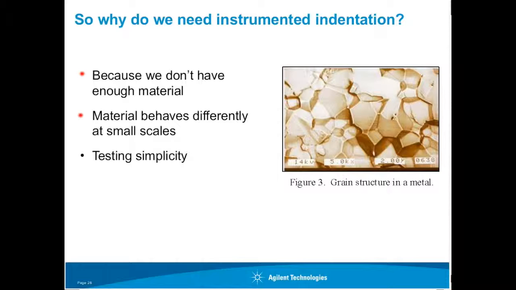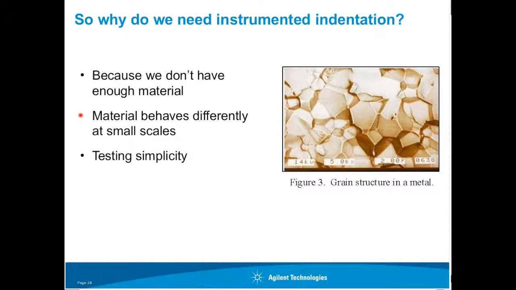The second reason to do an instrumented indentation test is that it turns out that material actually behaves differently at small scales. So because the material exists in the form of a thin film, it can behave differently than if that very same chemical material existed in bulk form, okay?